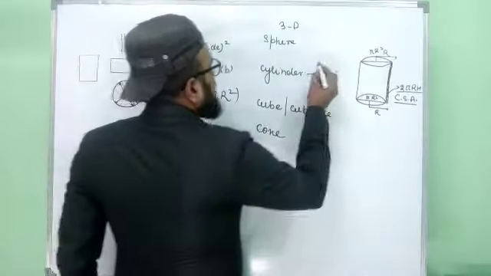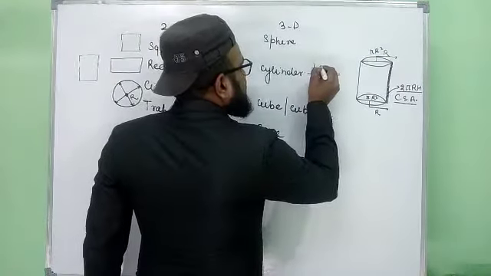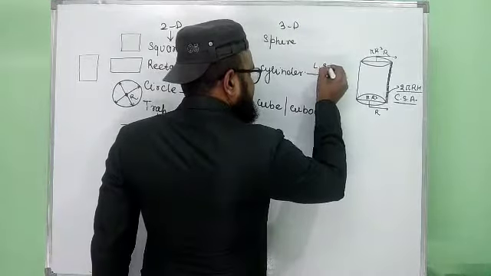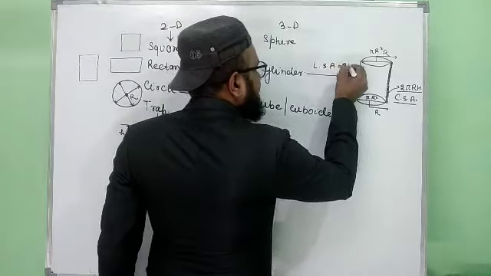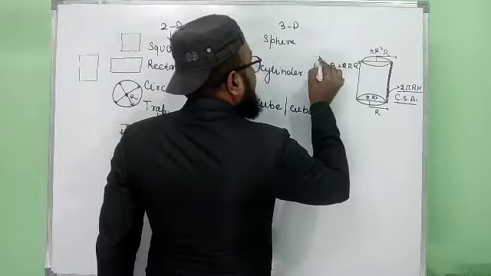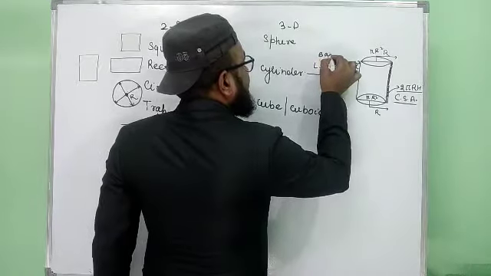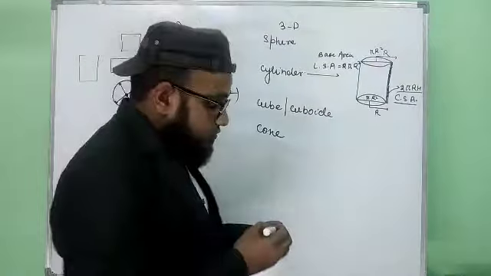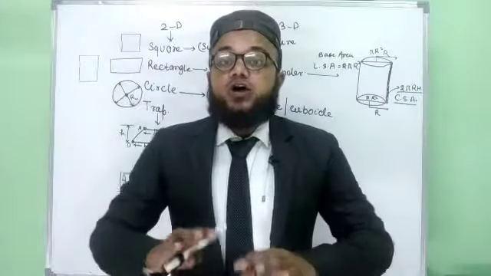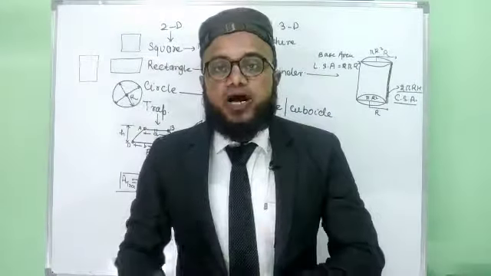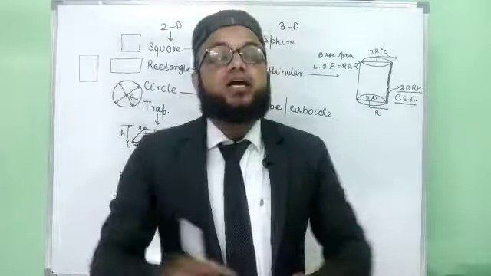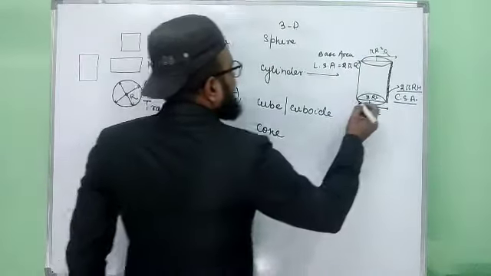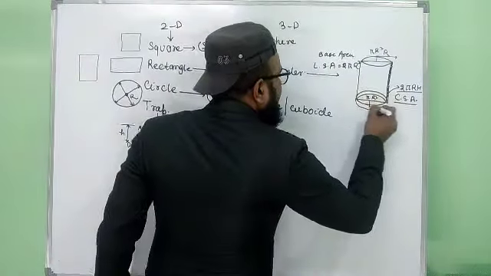So the base area of the cylinder is 2 pi r square. But when the question says that the upper part or the lower part of the cylinder is open, in that case we use only pi r square.